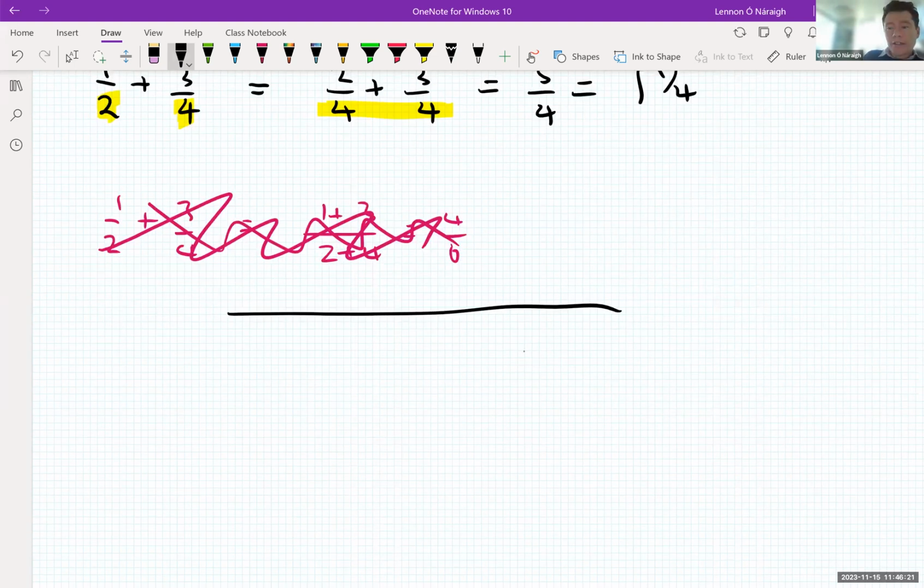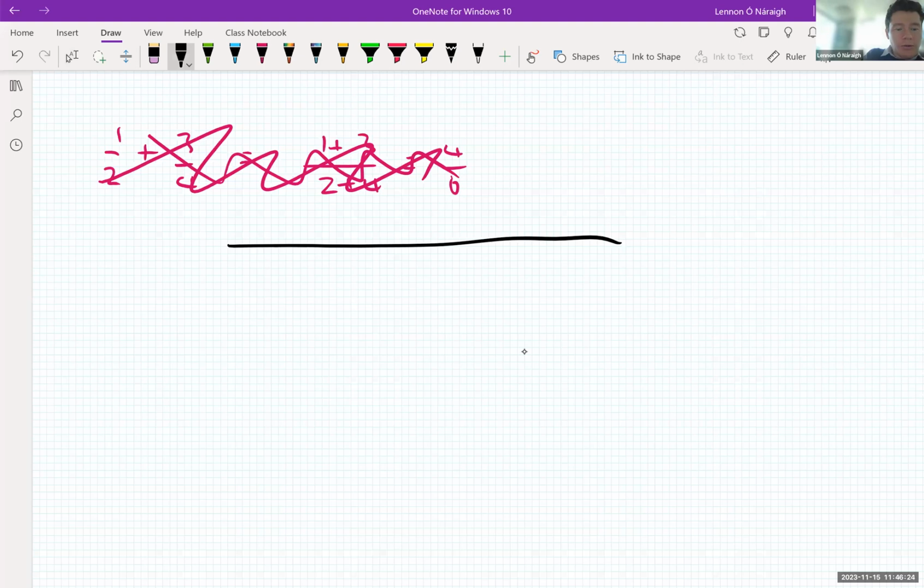Things are a bit different when it comes to multiplying. So let's suppose we want to multiply 2 1/3 by 2/7. So the first thing to do is to write the fractions in the simplest possible forms. So the 2 1/3 can be written as 7/3, 2 times 3 plus 1, 7/3 times 2/7.